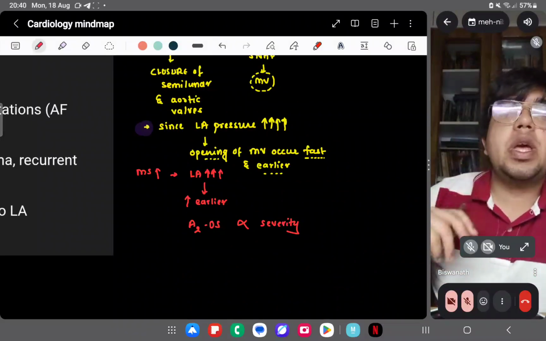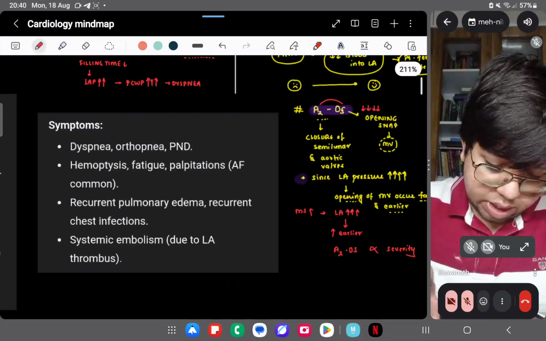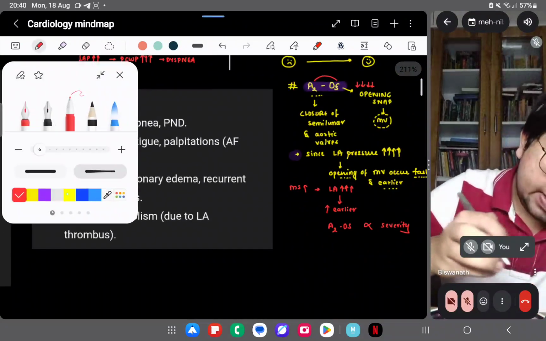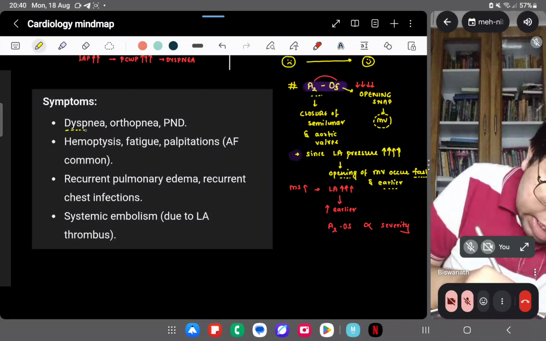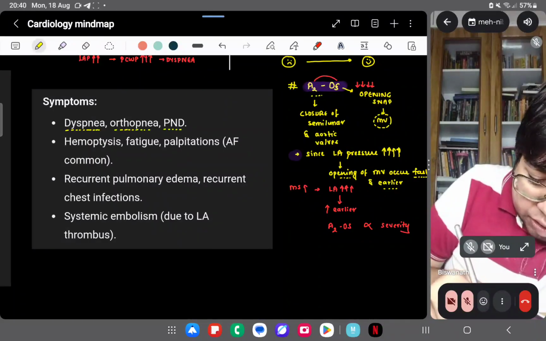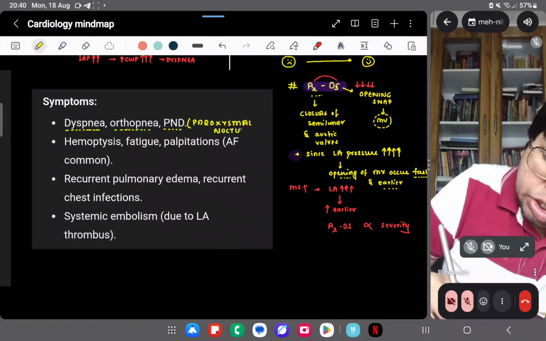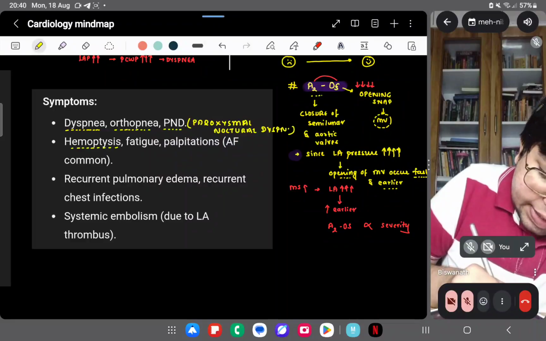Now let's go to another thing. Let's look at the symptoms which Harrison has to tell. Dyspnea, orthopnea, paroxysmal nocturnal dyspnea, hemoptysis.